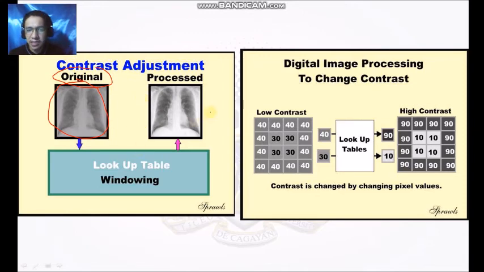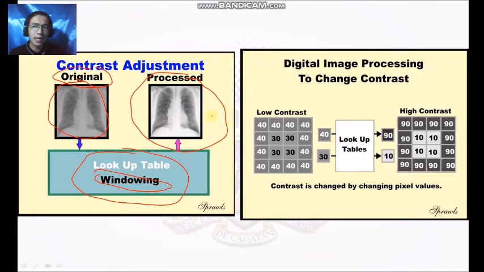So after processing, after automatic scaling, the use of the lookup table, or another type, windowing, the processed image appears optimal. That means the contrast and density are already acceptable for the radiologist to provide an adequate and diagnostically acceptable diagnosis for the patient.